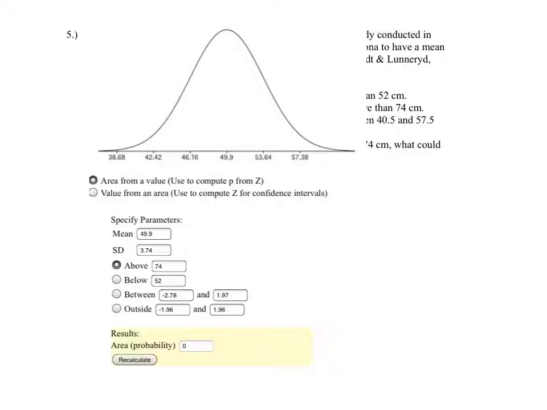Very lucky. We probably should just catch and release it because it's so old. Or the other issue that we could consider, and this is where we're going to go next week, is that this mean might not be right. So there's two ways we could go with this. Just the luck of the draw to catch a fish that large, or, as I said, the cause in question, maybe this isn't right. But more with that later.